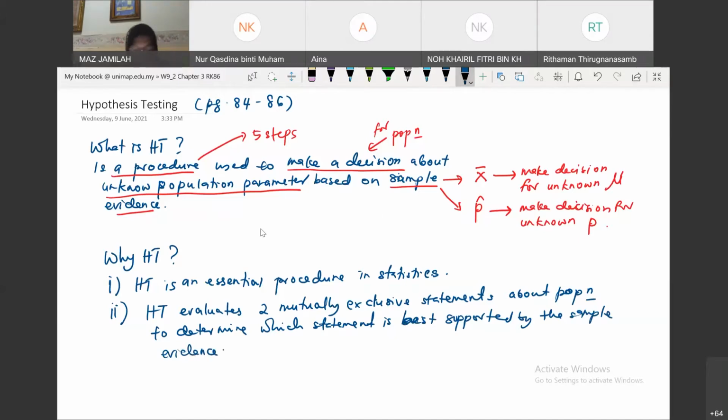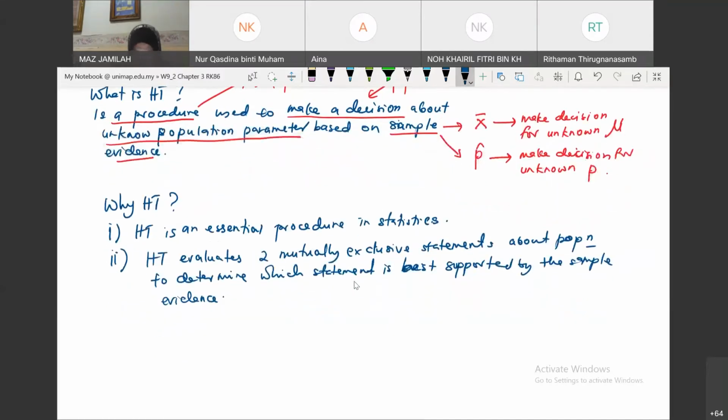So in a nutshell, you will need to test your two statements of hypothesis, and these statements are based on the requirements or needs of your investigation.